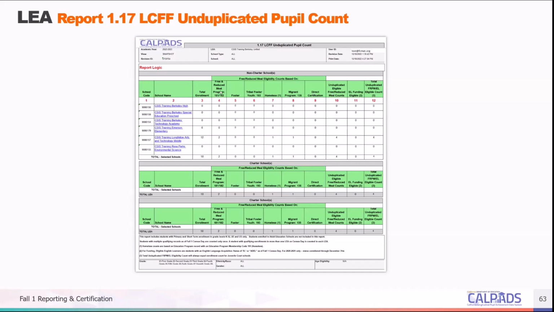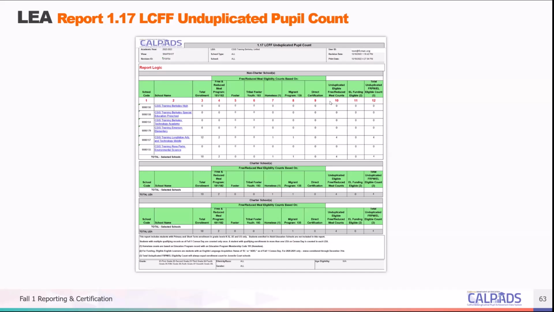The thing is, with this report, a student may be foster youth and homeless. A student might be migrant and homeless. A student might be migrant, homeless, and direct certification. So these columns will not add up and equal 10.